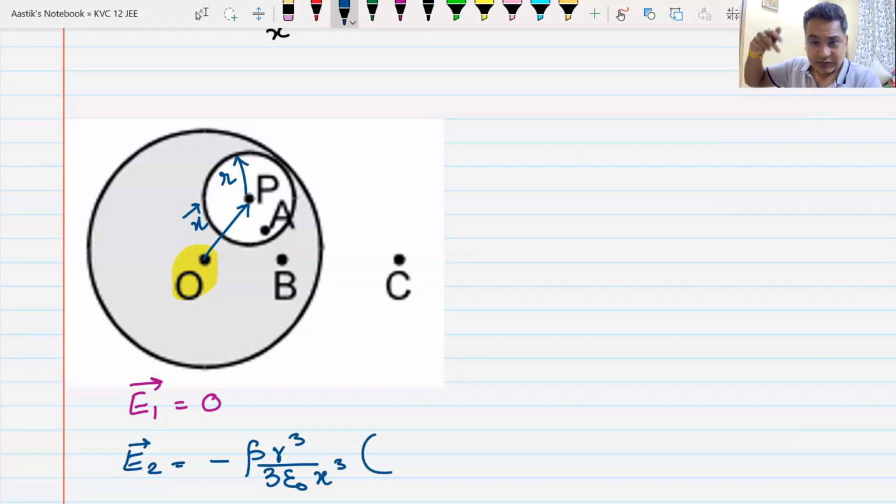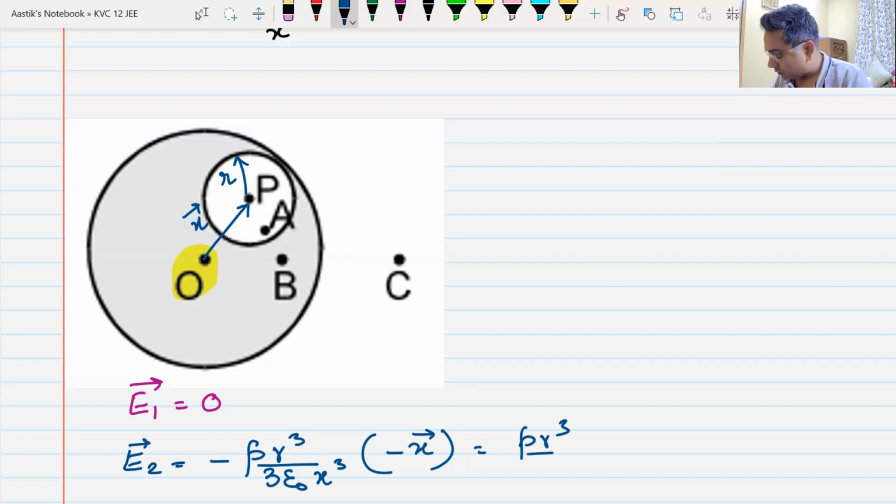But I have to find the position of point O with respect to point P. So it will be minus x vector now. Do we understand? I've taken the vector like this; I should take it like this. So the answer would be rho r cube by 3 epsilon naught x cube multiplied by x vector, where r is the radius of that hole, not the sphere.